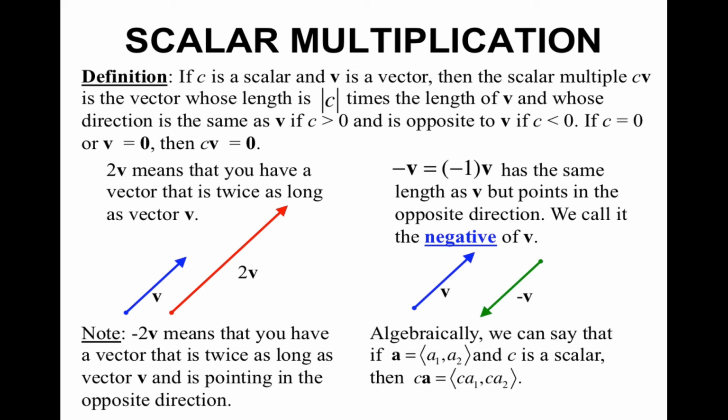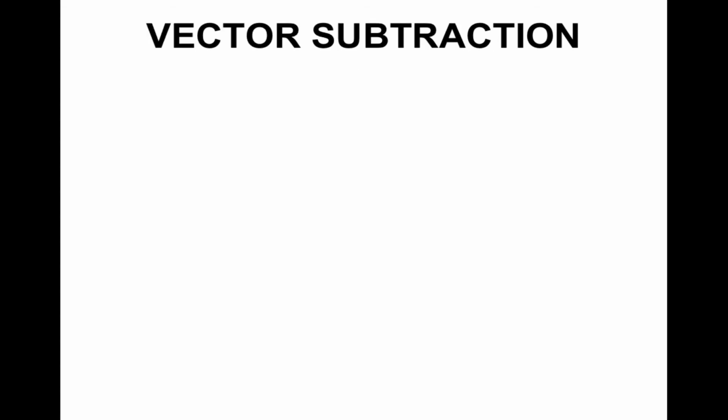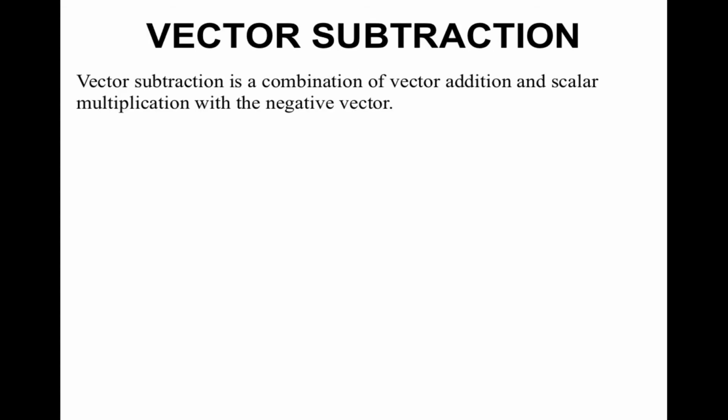Algebraically, we can say that if vector A is given by a sub 1, a sub 2, and c is a scalar, then c times vector A is given by c times the horizontal component, comma, c times the vertical component. So vector subtraction.